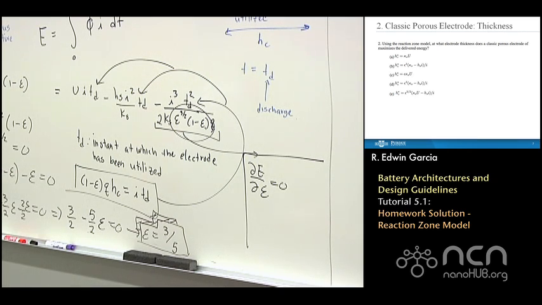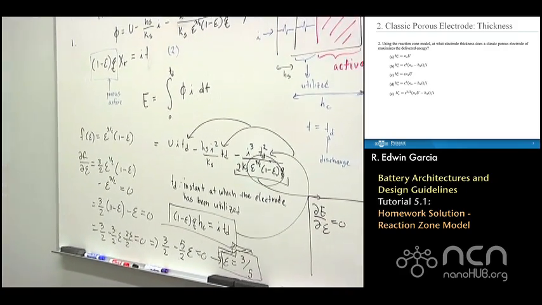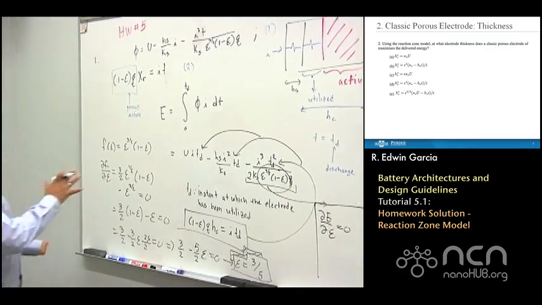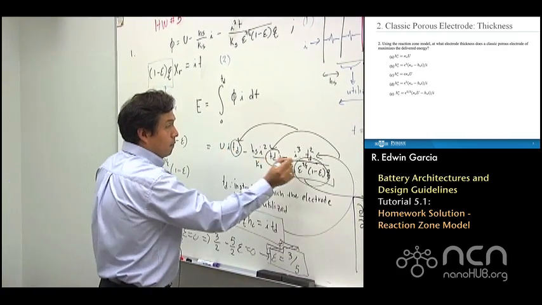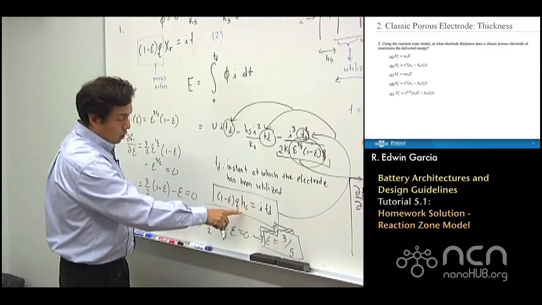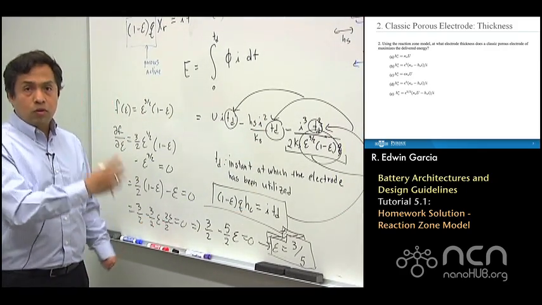Question number 2, using the reaction zone model, at what electrode thickness does the classic porous electrode maximize the delivered energy? The mechanics is the same, except that now I have to substitute TD and substitute H sub C in there. If you do that, you will end up with a quadratic.